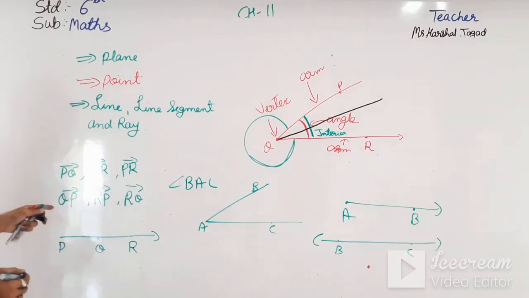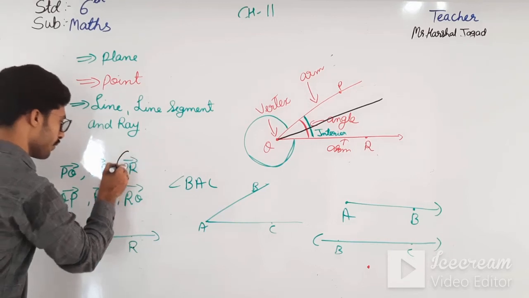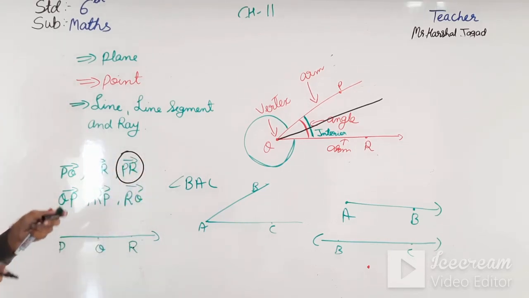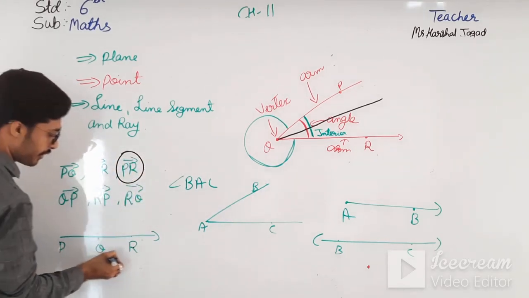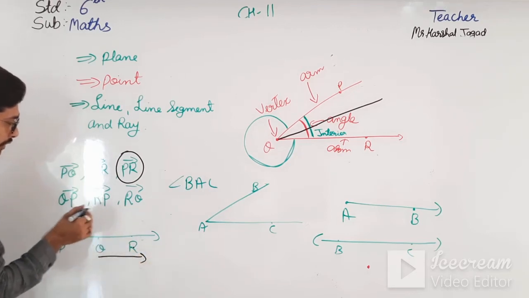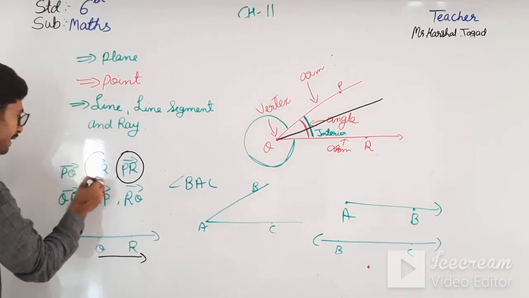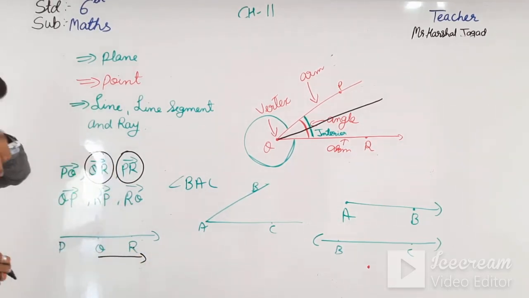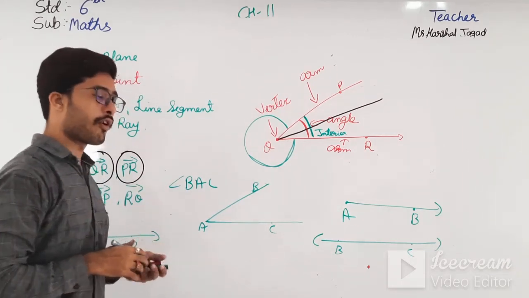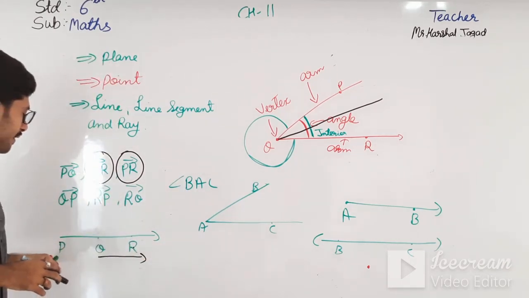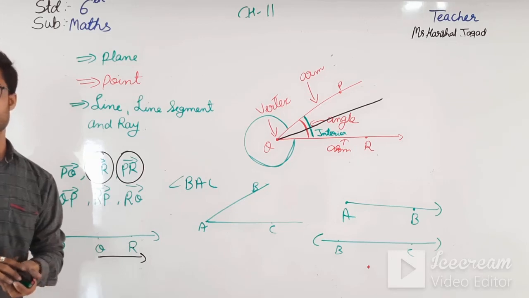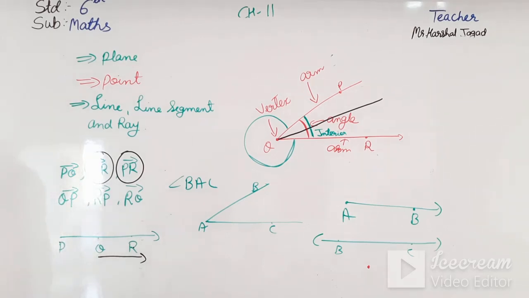Is there any PR over here? Yes, it is over here. Then the other one is QR. Is QR there? Yes, QR is there. So these are the two rays from all of these, that is the ray PQR. Okay, students, in this you have to circle them.